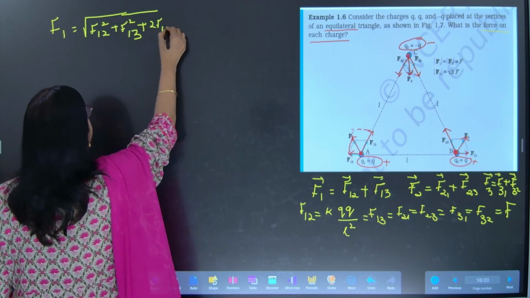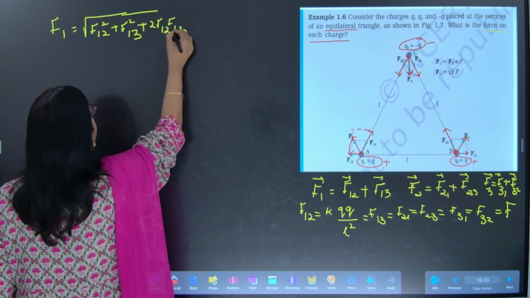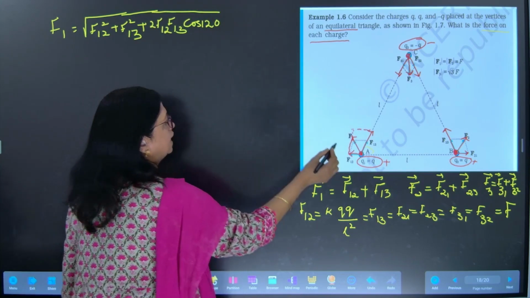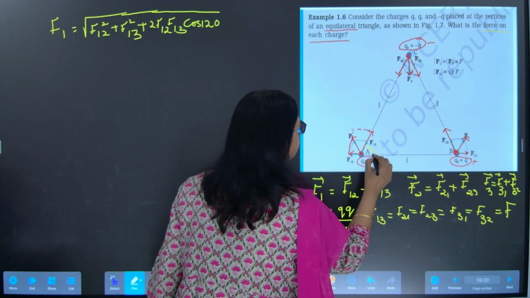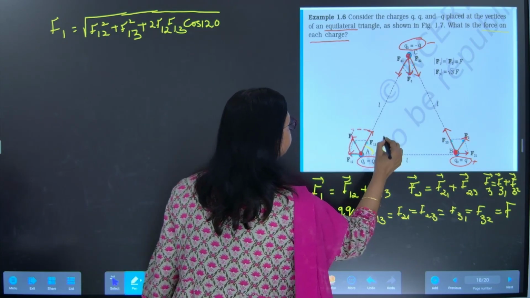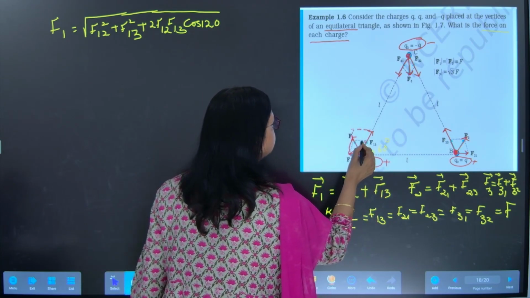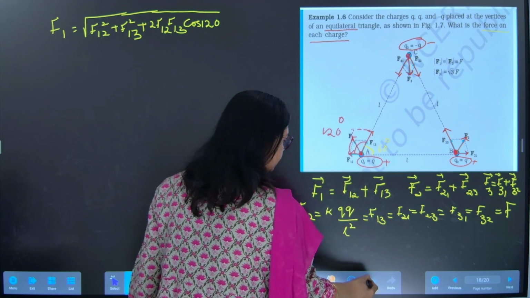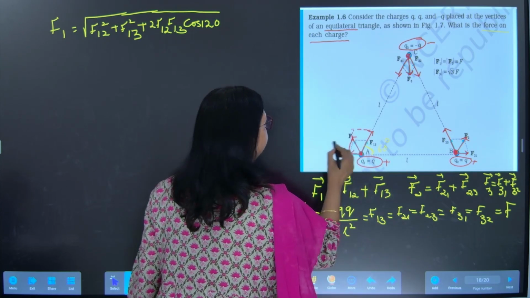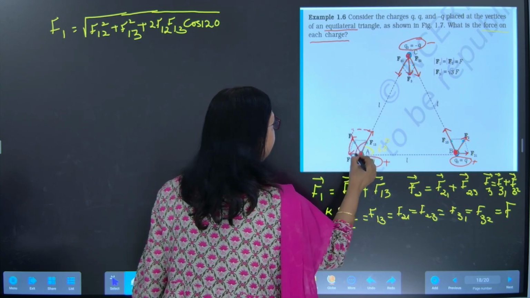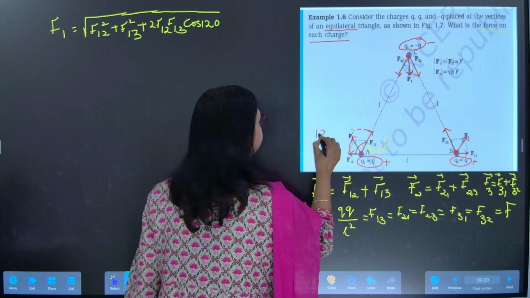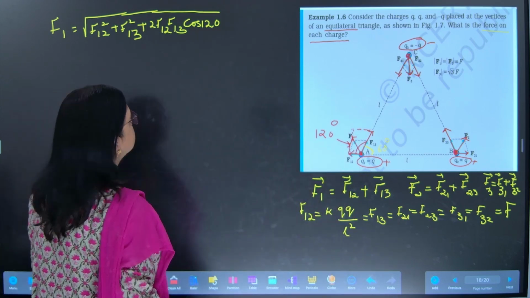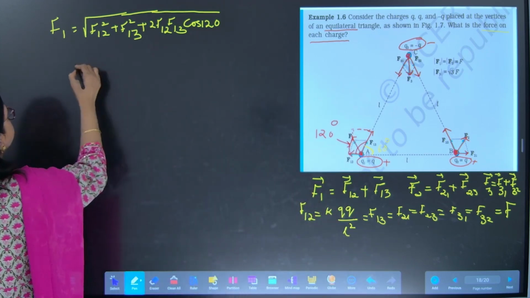Because as you can see here, if this is 60 degrees, then the other portion is 180 minus 60, 120 degrees. This is the angle between the two vectors F12 and F13. So I have written cos 120 degrees.